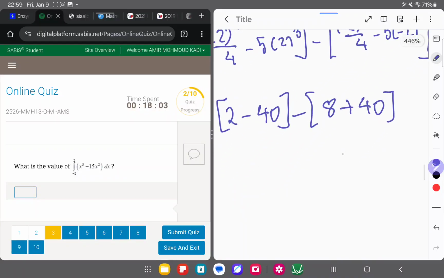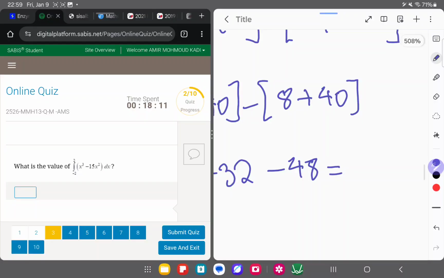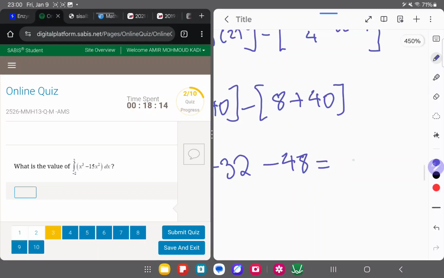So we have 48 minus minus 32. And then if you add these up, you'll get 80 minus 80.